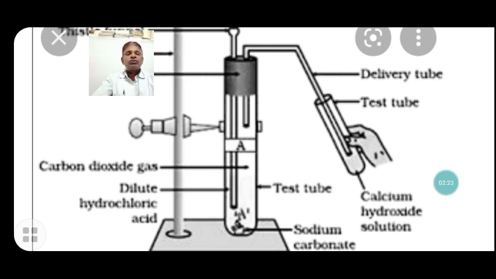When the sodium carbonate reacts with the acid, bubbles of carbon dioxide are produced, that is carbon dioxide gas, which is collected, and the gas is tested by passing it through calcium hydroxide solution, that is lime water. When the gas is passed through, the lime water becomes milky due to the formation of calcium carbonate. We will discuss this in detail in the next slide.